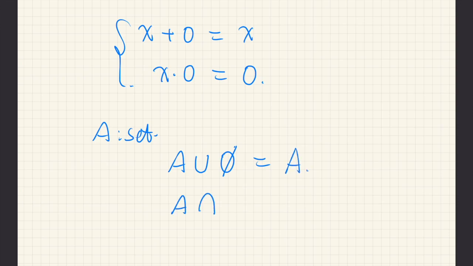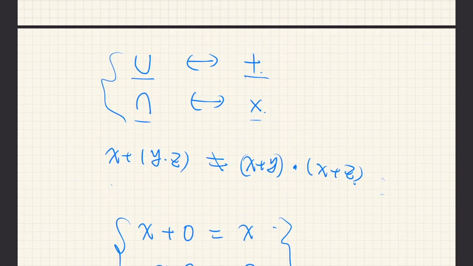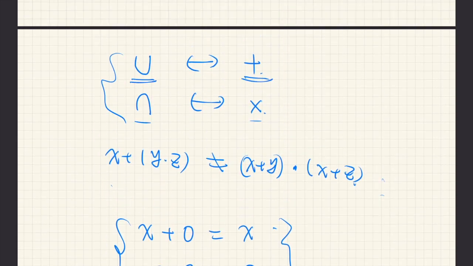And if we take intersection between A and the empty set, then the result is the empty set. So this is very similar to the case of numbers, right? So the analogy between union and addition and intersection and multiplication is quite good. Of course, there are some exceptions like this one, but it's still good to know this analogy.